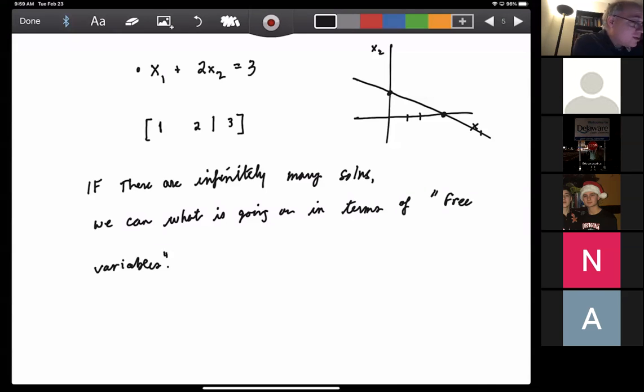What we do essentially is any variable that doesn't have a pivot associated to it becomes a free variable. So remember, what's a pivot? That means we have a leading coefficient of 1 in one of the rows of our augmented matrix.